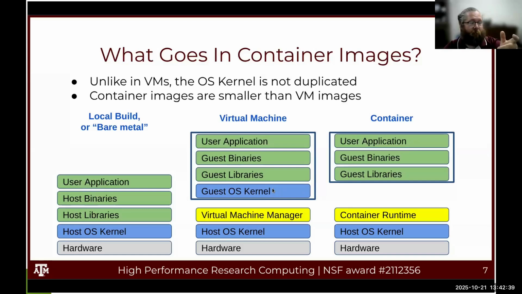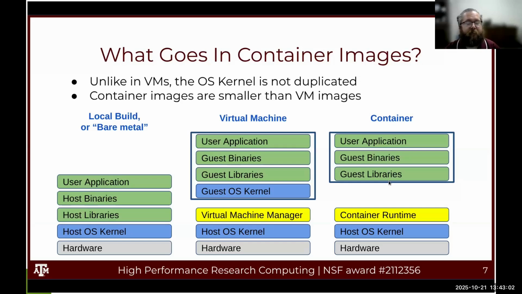In order to boot an operating system, you require probably almost a gigabyte of memory just to do that. So if you don't need a new operating system kernel, if the existing operating system kernel is already good enough, then choosing not to duplicate that saves you a huge amount of memory.